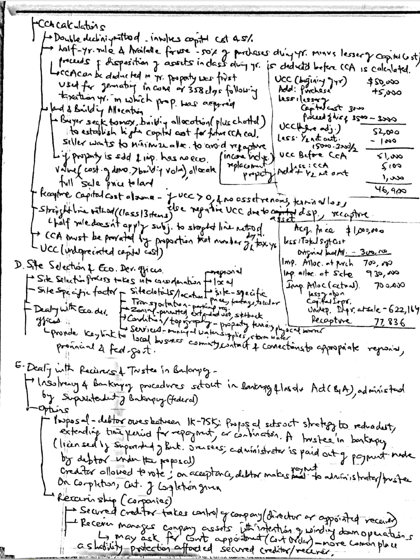For example, if the UCC for the class at the beginning of the year was $50,000, and then you made a purchase of $5,000, and there's a lesser of disposition during the year, capital cost and proceeds, and the purchase less disposition is $3,000. So the UCC before adjustment is $52,000, and less half of the net amount, which is $1,000, gives the UCC before CCA of $51,000.